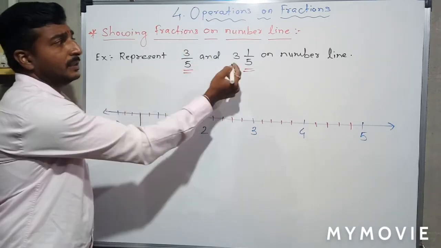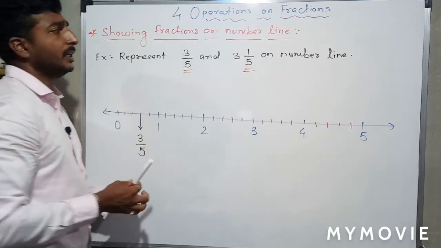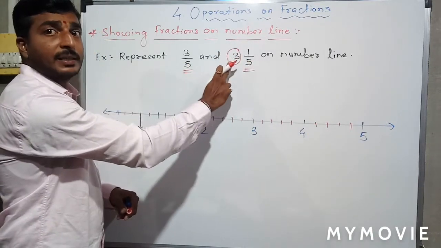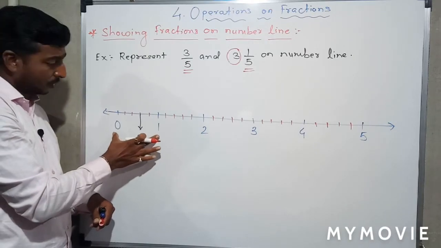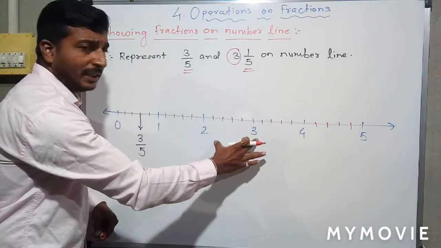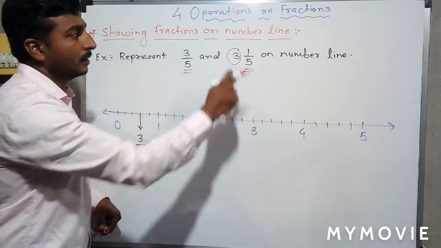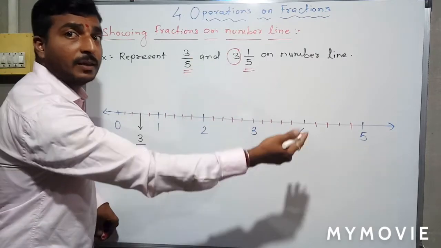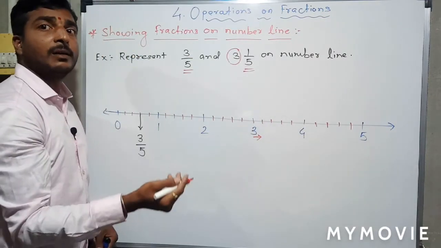What is next? It is 3 and 1/5. It means 3 is complete. 3 and 1/5 means 3 is complete, so you have to consider the complete part. So this is 1, 2 and 3, complete. After that 1/5. 3 and 1/5 means 3 complete, and after 3 you have to think 1/5.